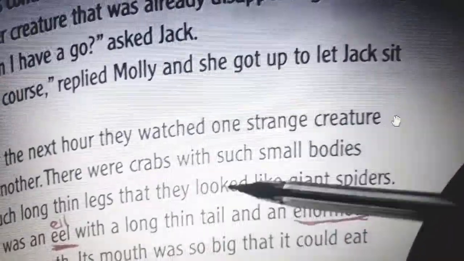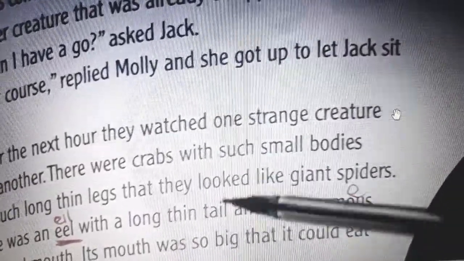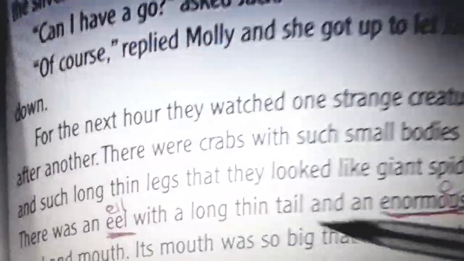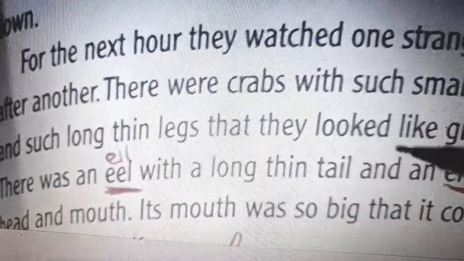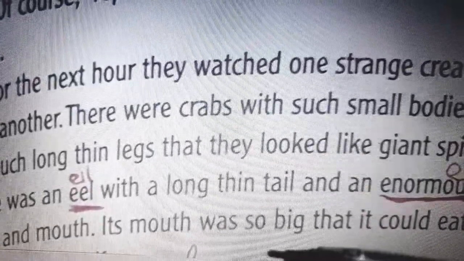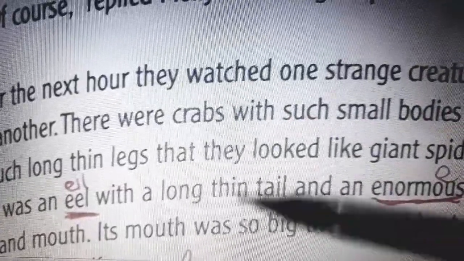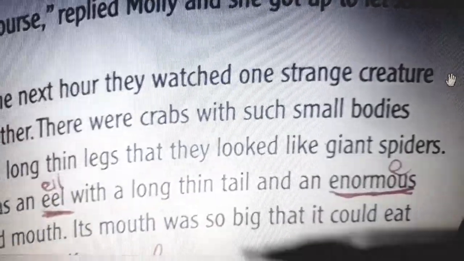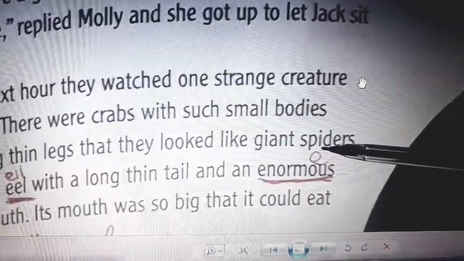So there were crabs with such small bodies and such long thin legs. Long and thin are adjectives. Long thin legs means thin and long legs. That they looked like giant spiders.